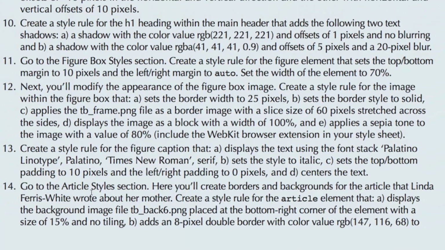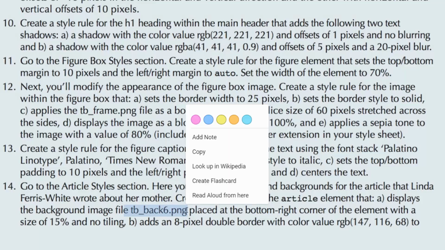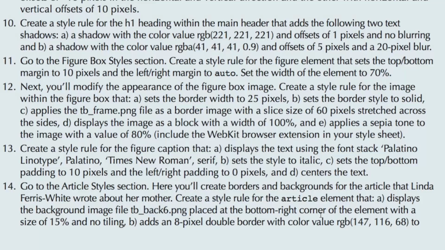In step 14, we're going to go to the articles section, and in here we're going to create borders and backgrounds for the article that Linda Ferris White wrote about her mother. We'll create a style rule for the article element that displays the background image using this file here, tb_back6.png, and that'll be placed down in the bottom right corner of the element, and that'll have a size of 15%, no tiling.